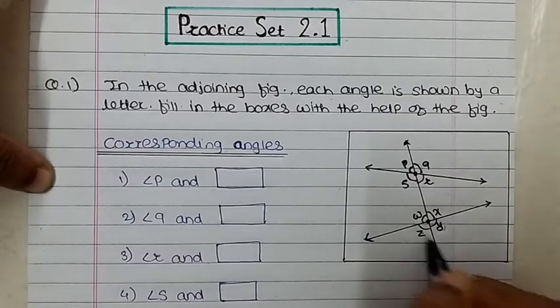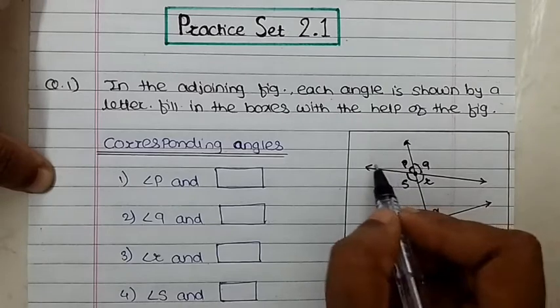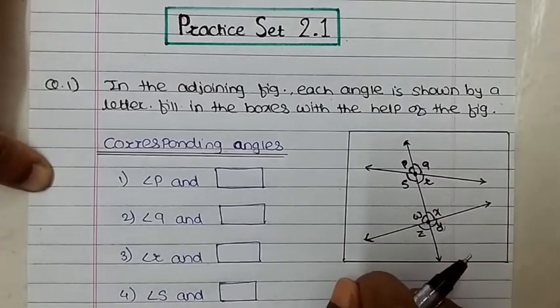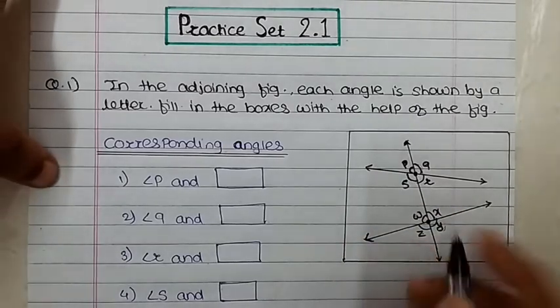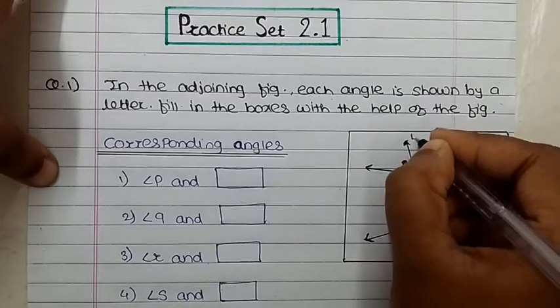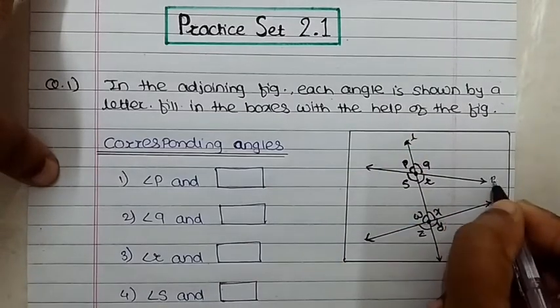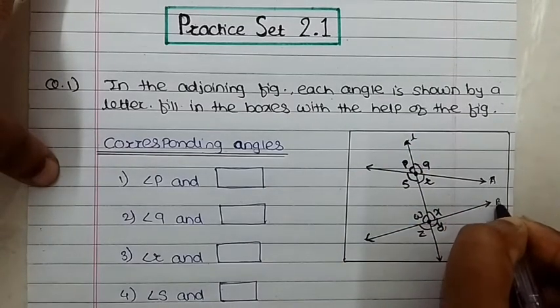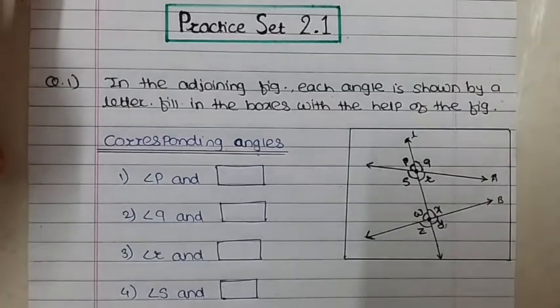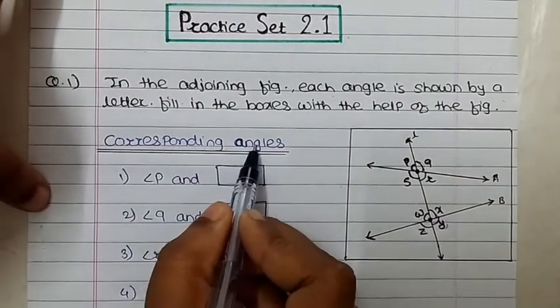So this line is called a transversal, and these two lines are parallel lines to each other. Suppose this line is L, so L is the transversal of the lines A and B. Corresponding angles: what is meant by corresponding angles?